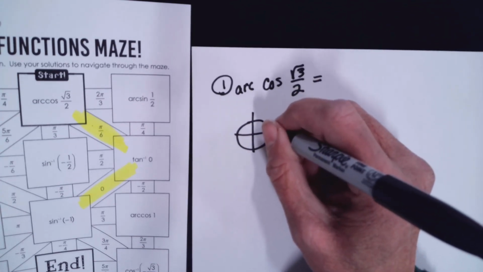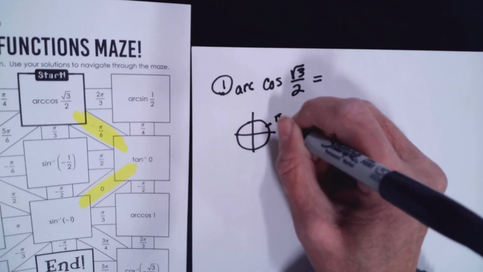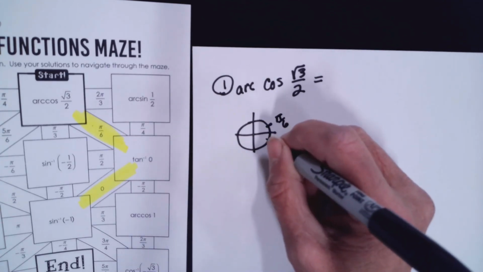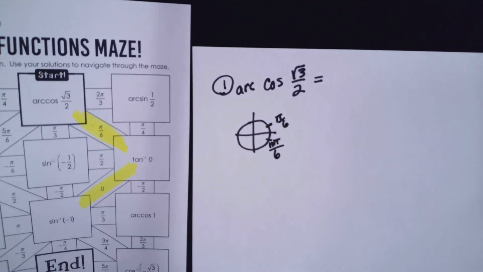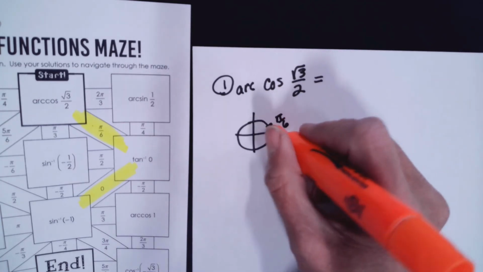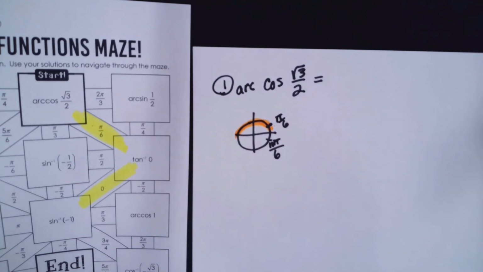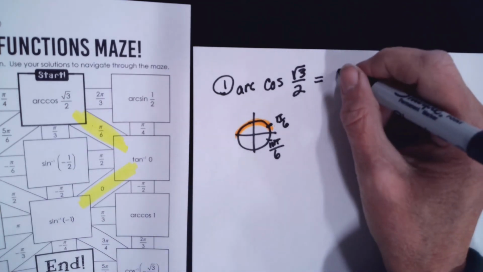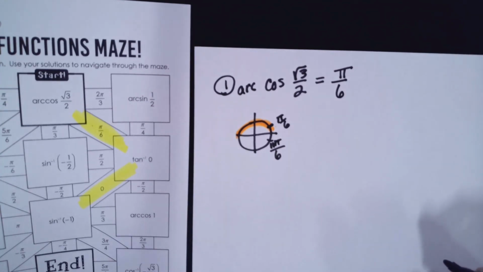Well, I'm going to just do both places like you did last night, at pi over 6 or at 11 pi over 6. Well, then we're just going to narrow it down. We're just going to look at the interval from 0 to pi. And so that's going to give us pi over 6 as our answer.